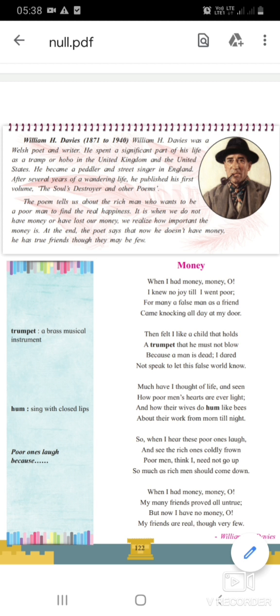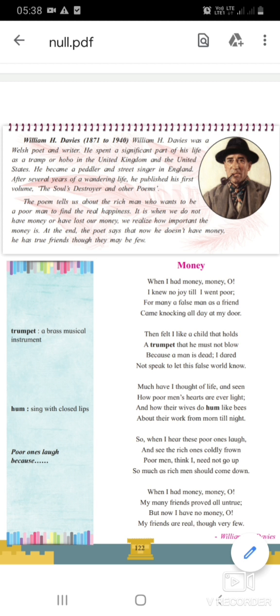So, how will you write the explanation here? Poet has changed the word order for poetic effect, and the correct word order is I think poor men need not go up. Okay. Now, third and fourth line. Poor men think I need not go up so much as rich men should come down.